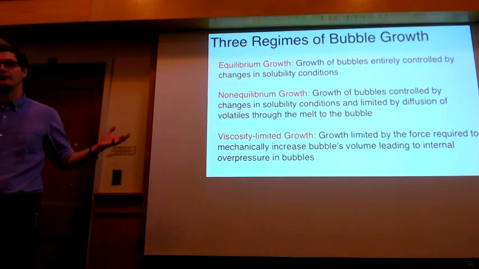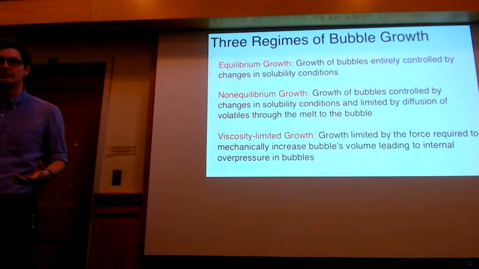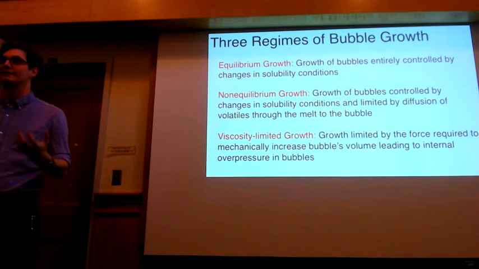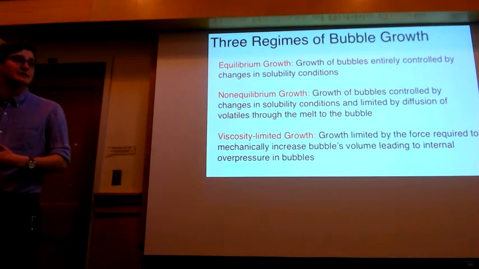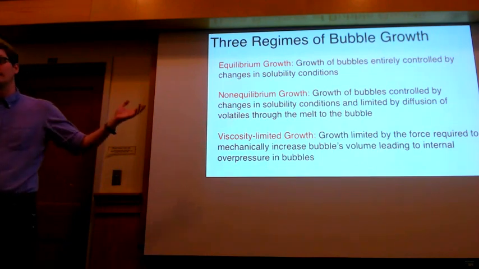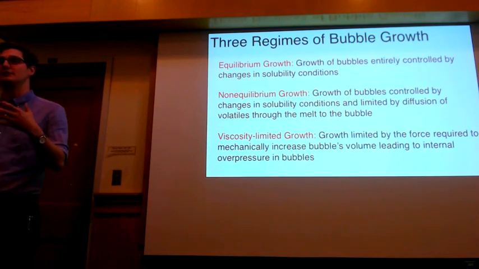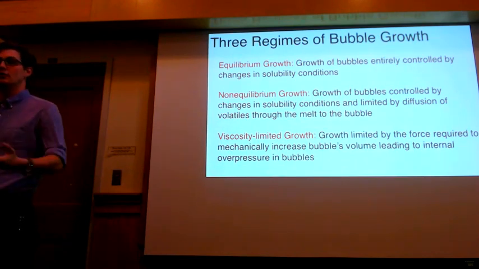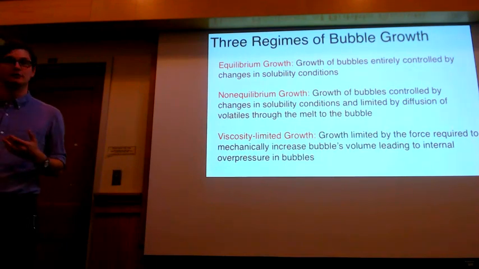There's equilibrium growth, where tau is small enough that it's negligible, and that the bubbles can respond instantaneously or roughly instantaneously to pressure changes. And they're just responding to the new solubility conditions. Then there's also non-equilibrium growth, where you have to take into account the time to diffuse your gases through the melt to the bubble to grow the bubble or shrink the bubble, depending on what pressure changes you're looking at.